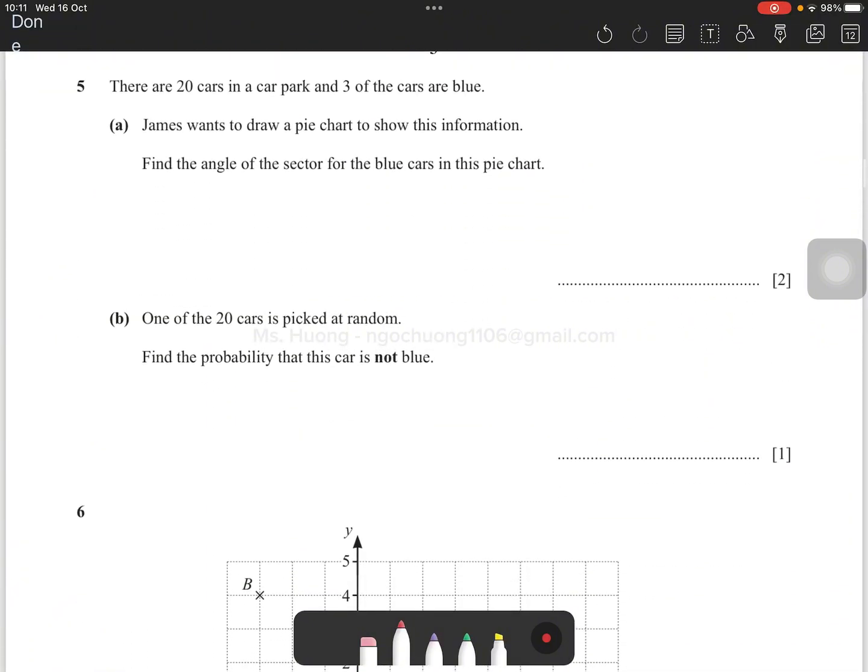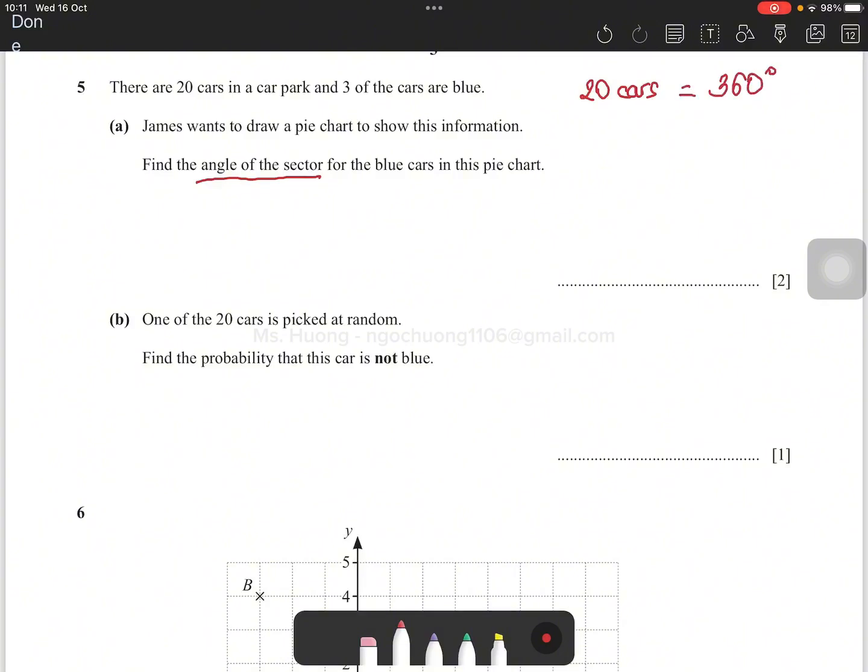Question 5. There are 20 cars in a car park and 3 of the cars are blue. A. James wants to draw a pie chart to show this information. Find the angle of the sector for the blue cars in this pie chart. You know that in a pie chart, the total, which is 20 cars, is corresponding to 360 degrees.